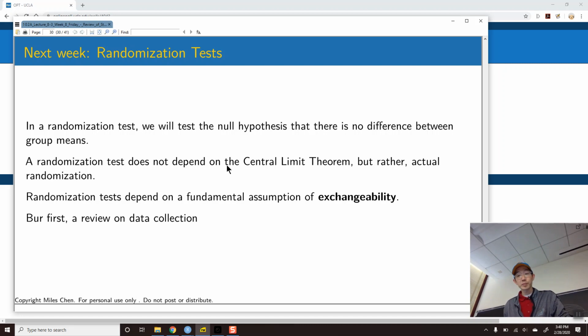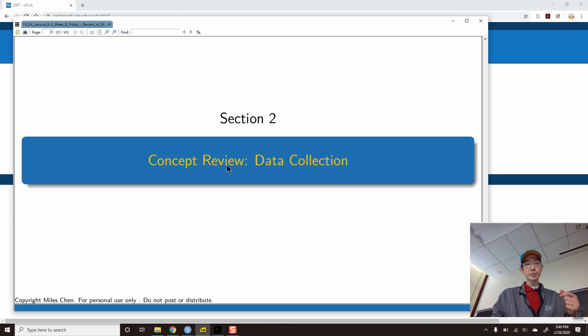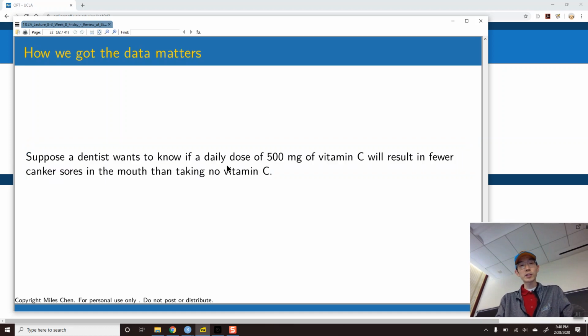But before we do that, we have to talk a little bit about data collection, because the process of data collection has implications on what kind of tests I can conduct, whether it's a randomization test or a bootstrap test or something like that.